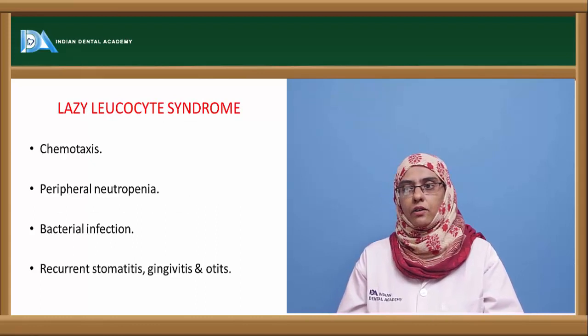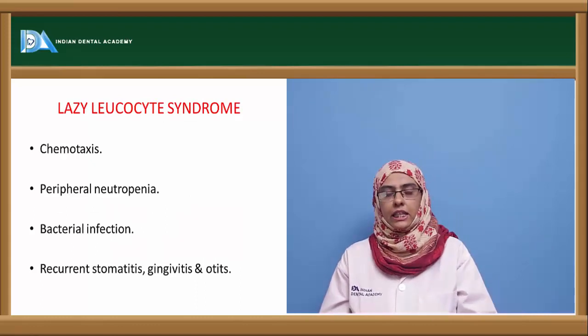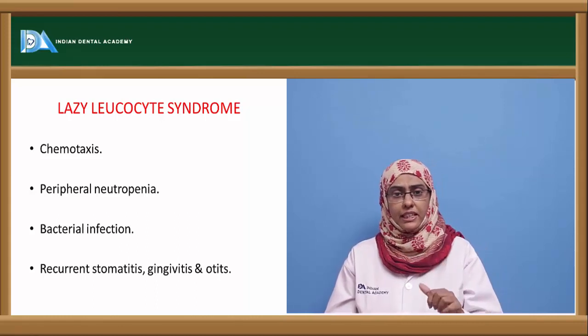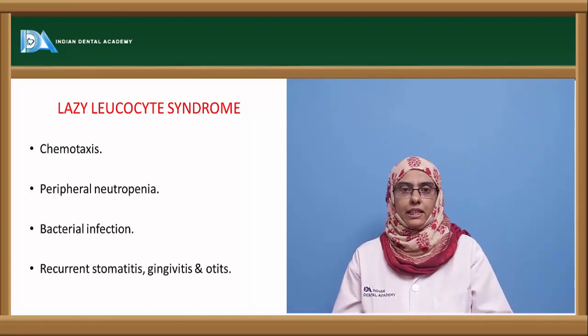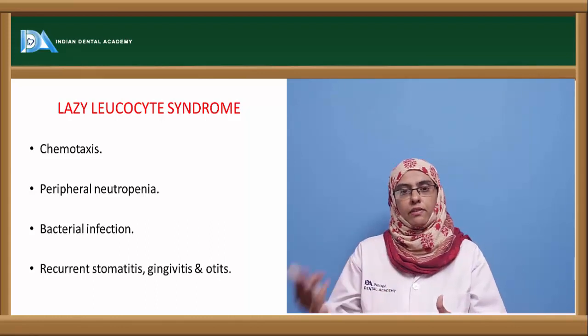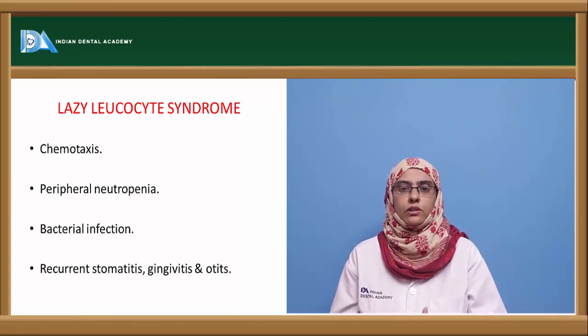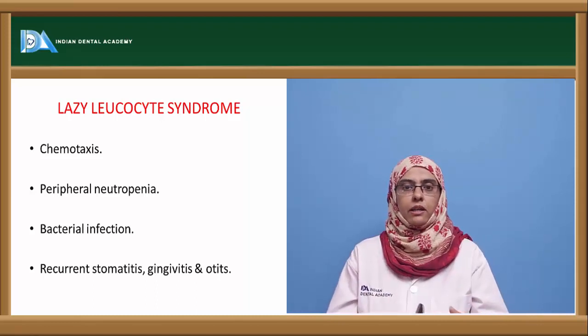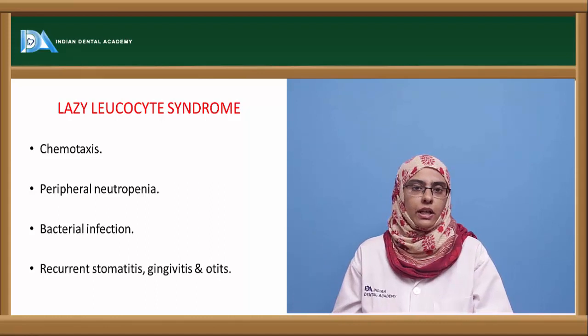Next is lazy leukocyte syndrome. Here there is a normal production of the phagocytic cells, but the movement of the phagocytic cells towards the inflammatory response is very slow because of the loss of chemotaxis. So the normal production is there, but they are not able to move to that particular area.